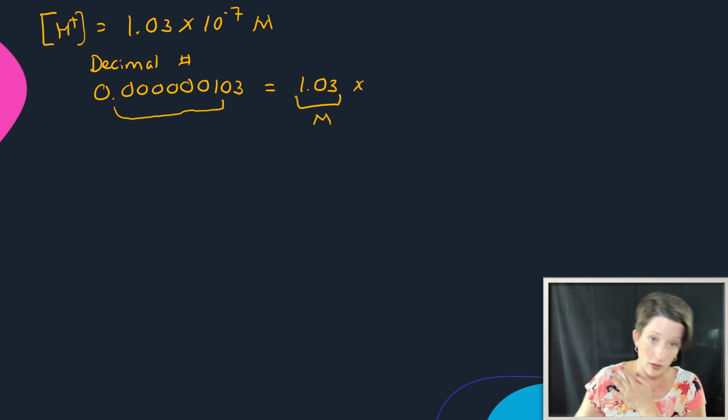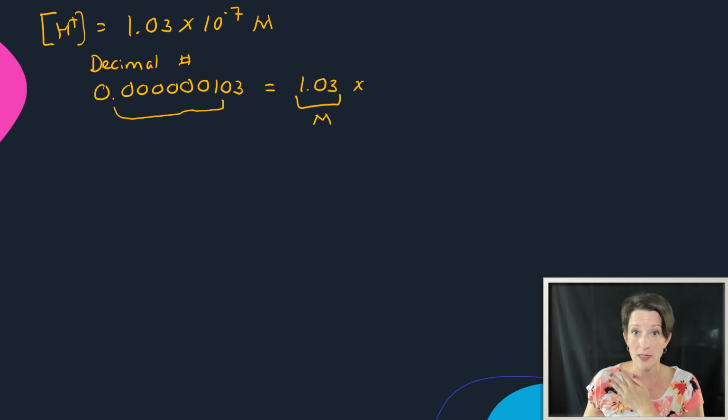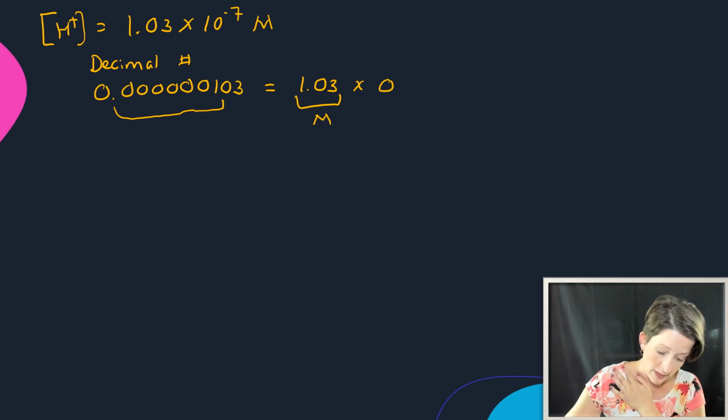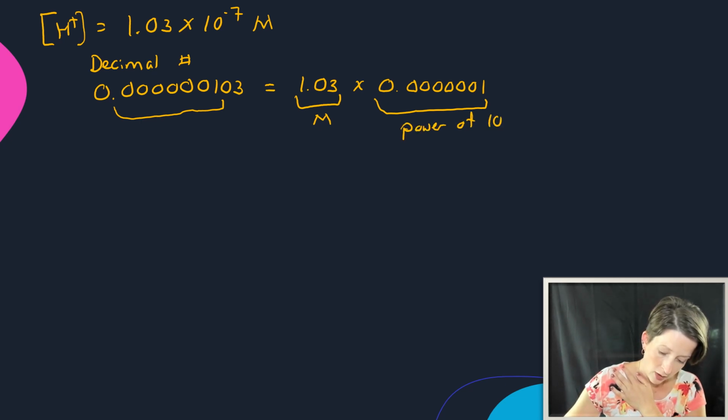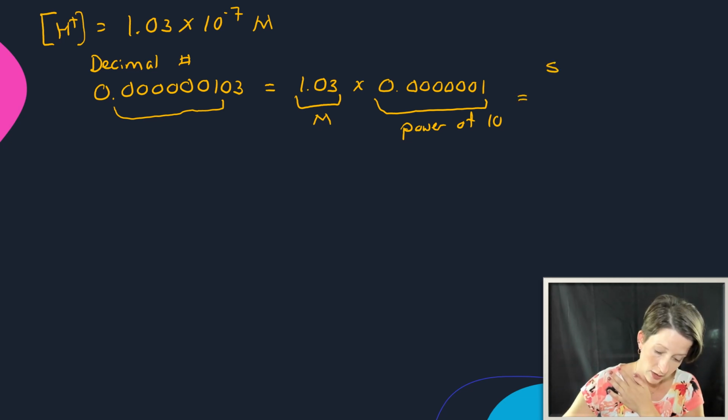Then we look at the power of 10: how many times did we move that decimal? We moved it 7 times: 1, 2, 3, 4, 5, 6, 7. Those two values give us our scientific notation.